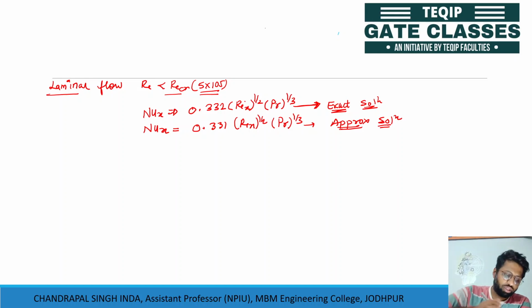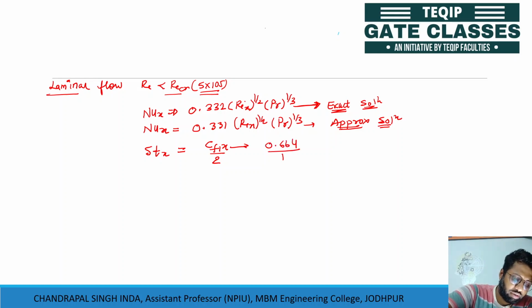And we had one more result by using the Reynolds analogy, that the Stanton number is equal to Cfx by 2, where Cfx is the local skin friction coefficient whose value is 0.664 divided by the square root of the local Reynolds number.